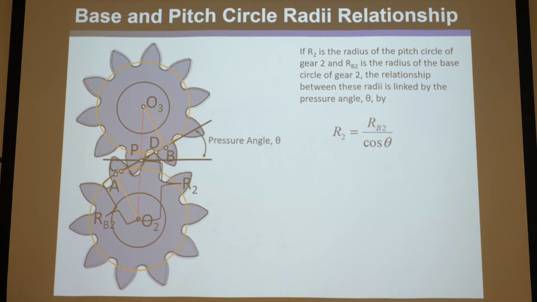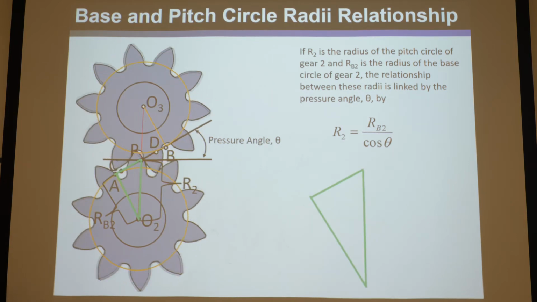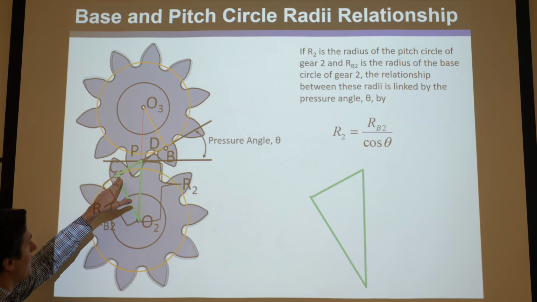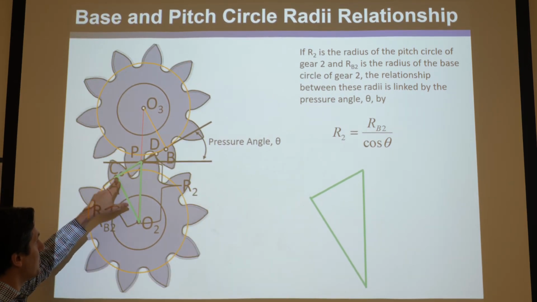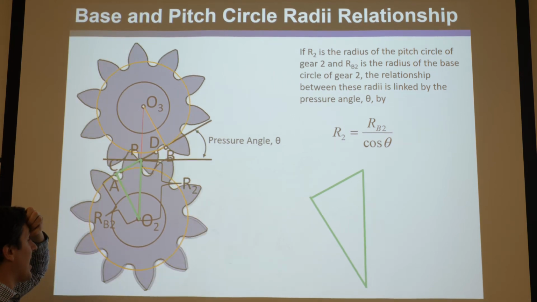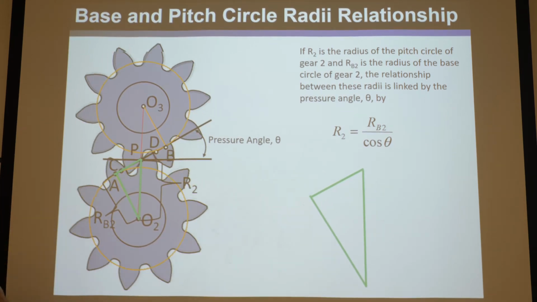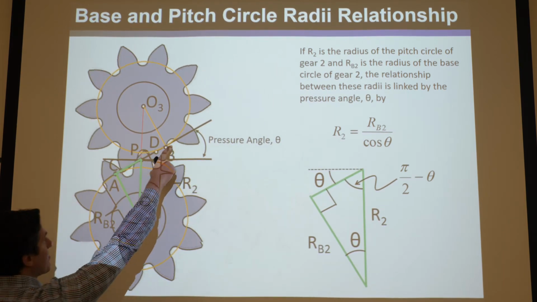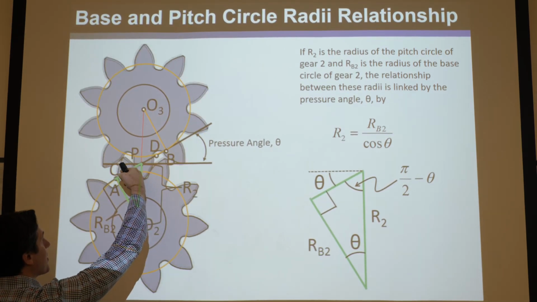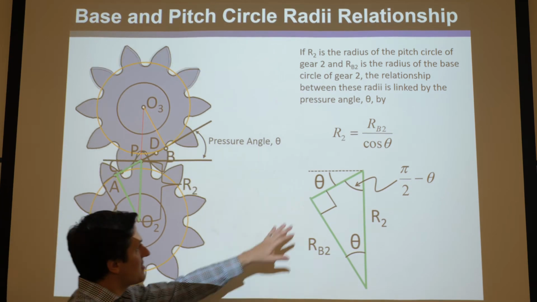Okay, and let's derive that for you. Remember, this is a 90-degree angle between the line of action and the base circle's radius here where it touches at A. So you have a right angle there, and if this is the pressure angle theta, then this will be the pressure angle theta, which is right here.